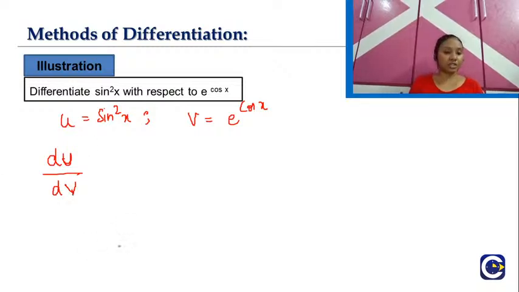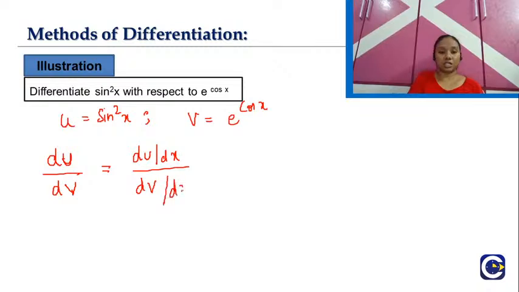So simply apply the formula and let me know what's the answer. It will be du by dx divided by dv by dx. Normal differentiation only, but here we are differentiating one function with respect to another function.